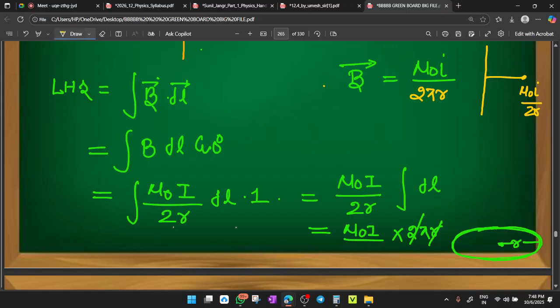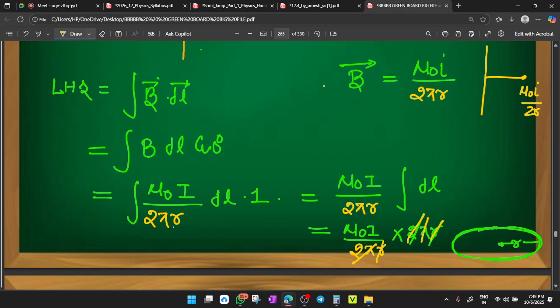So B equals mu naught I upon 2 pi R. Here it is also 2 pi R. Now 2 pi and 2 pi get cancelled. Clear? R is also cancelled.